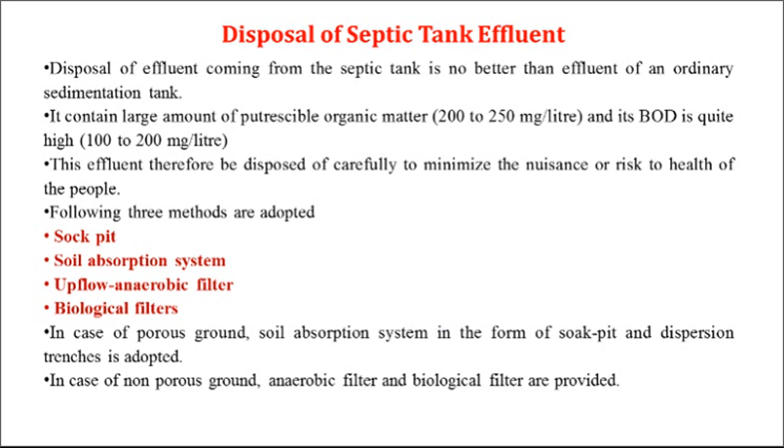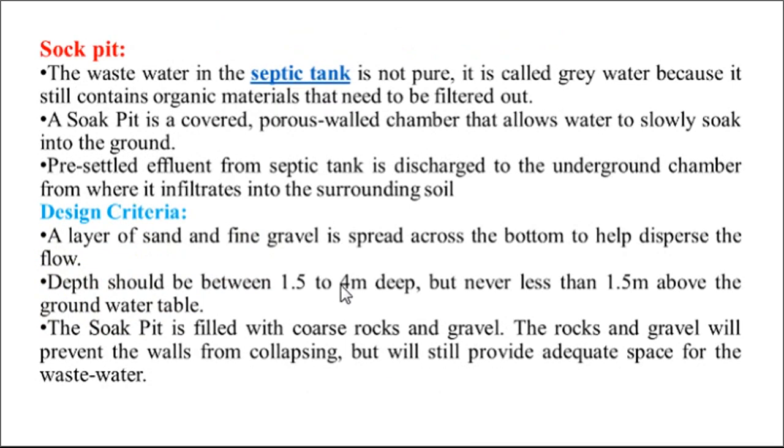Next one, soak pit. The wastewater in the septic tank is not pure. It is called grey water because it still contains organic material that needs to be properly removed. A soak pit is a covered, porous-walled chamber that allows water to slowly soak into the ground.